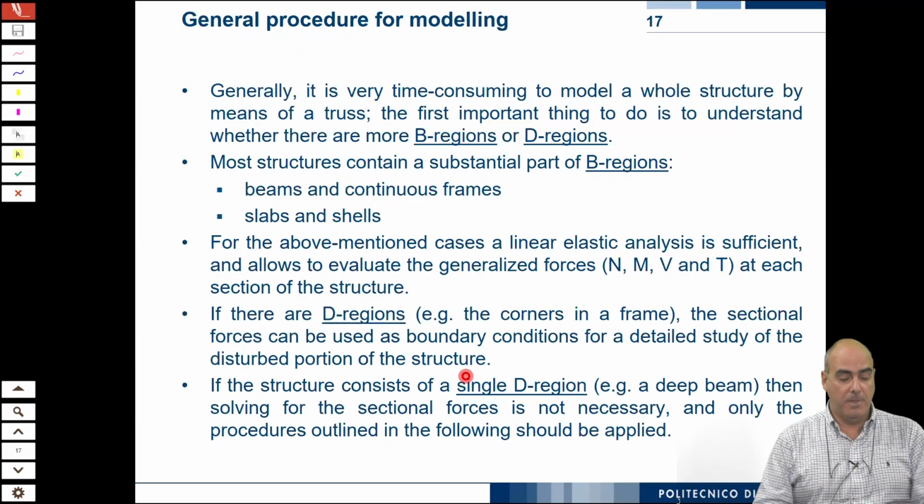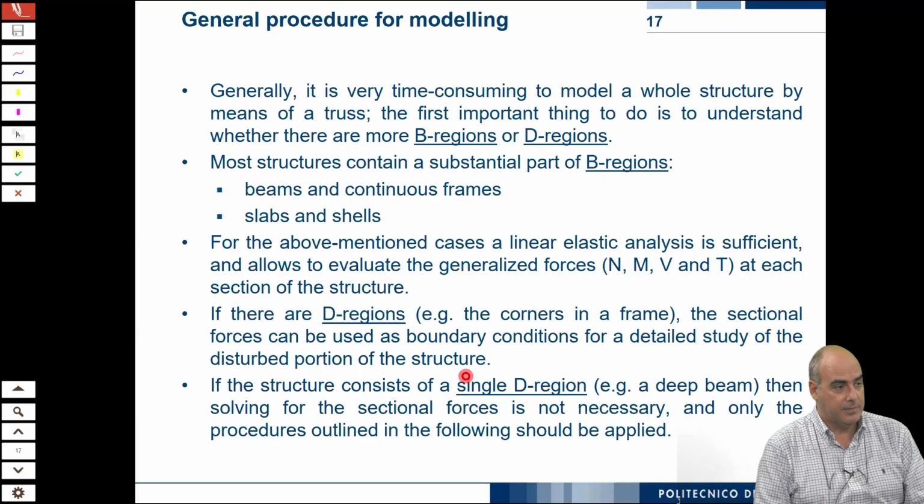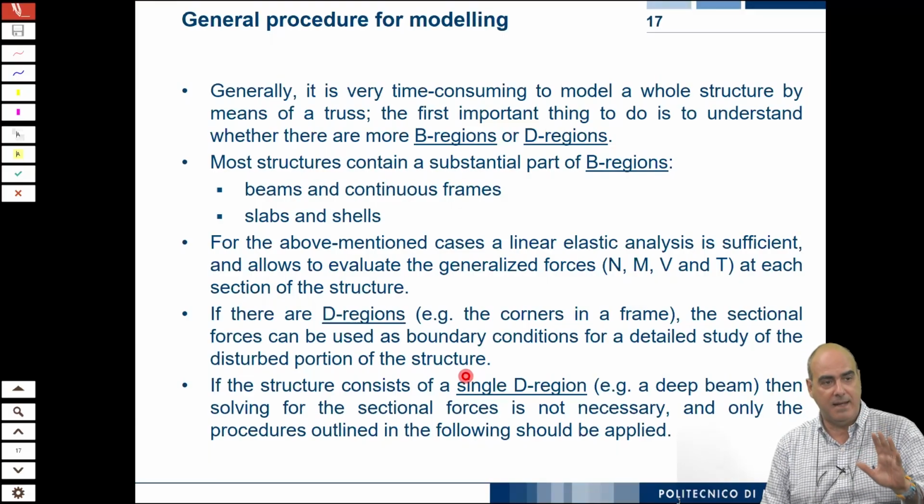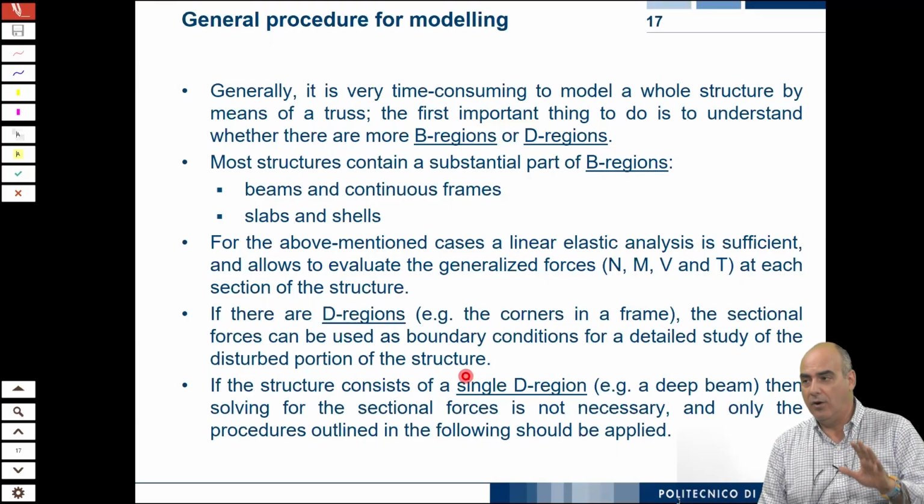Okay, so how do we proceed with the design? First of all, as we said, the first and most important step is to understand my structural element, because of its geometry and its boundary conditions.